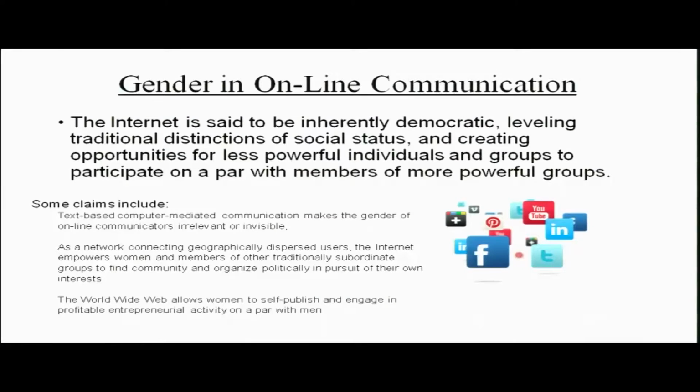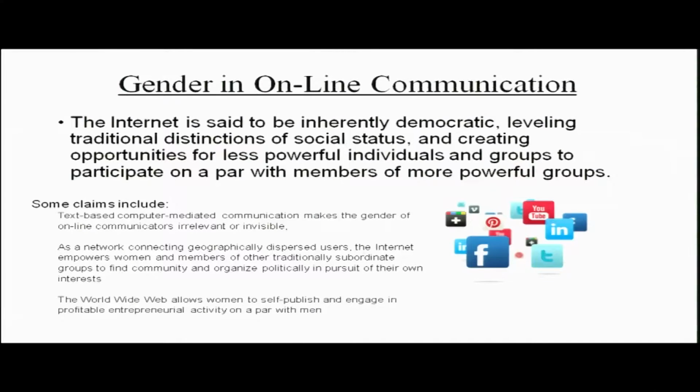Some of the claims in this regard include that text-based computer-mediated communication makes gender of online communicators irrelevant or invisible. So oftentimes in online communication gender remains invisible until the time it is actually brought into focus.